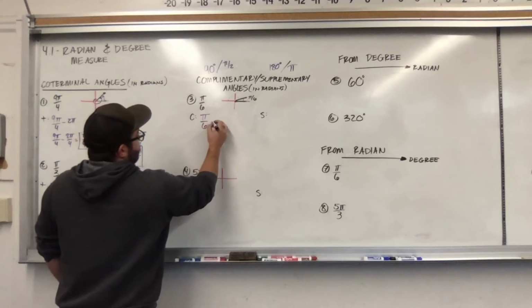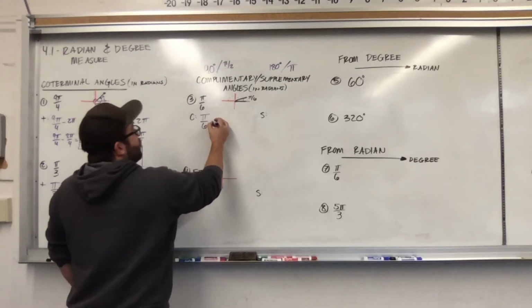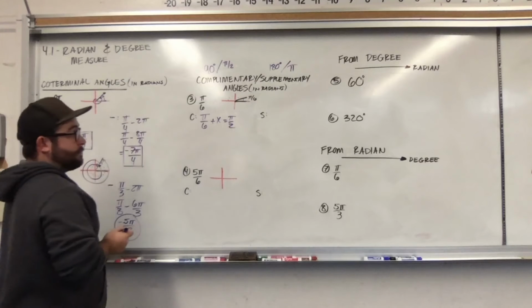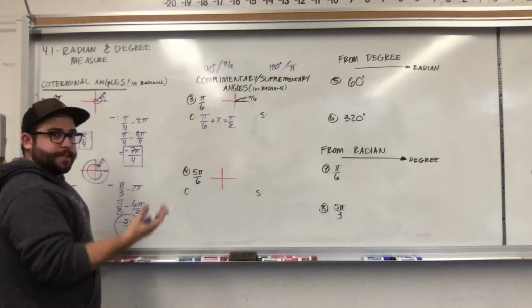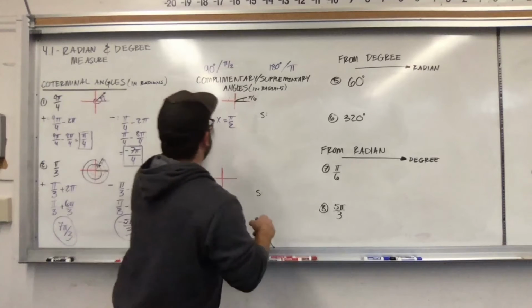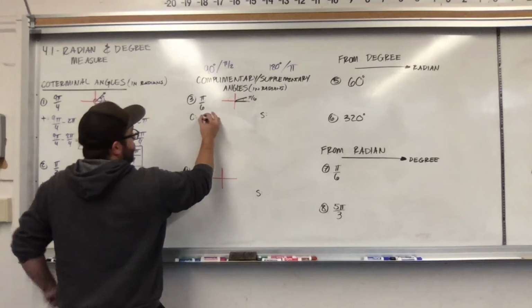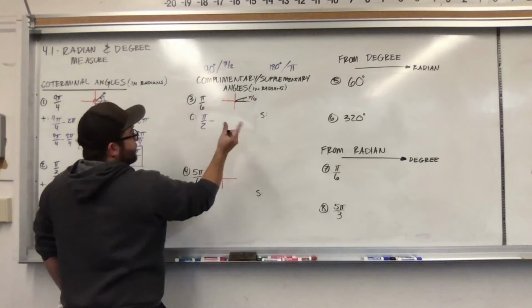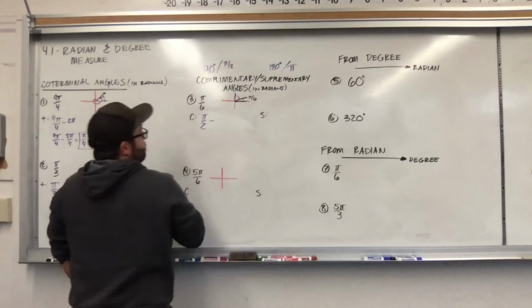So we have pi over 6. And now you want to add what to get to pi over 2? Well, instead of just guessing and checking, we can solve for x, right? So we could actually rewrite this starting with the pi over 2, and we remove what we know to find out that missing chunk right there.